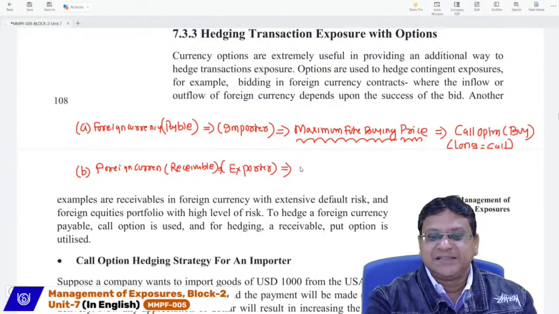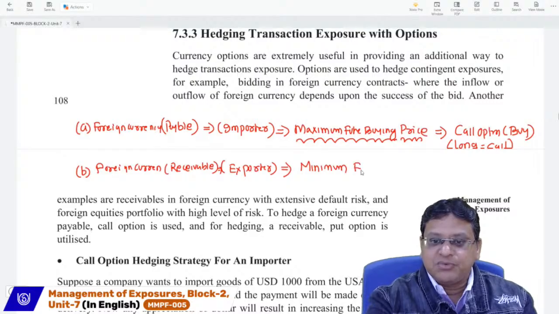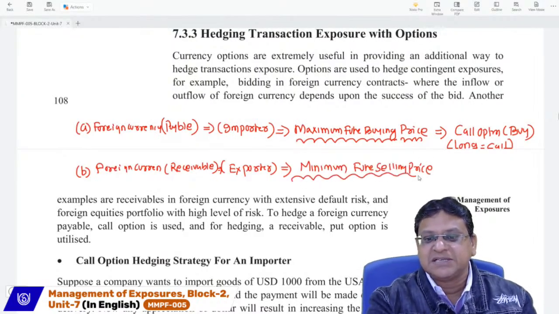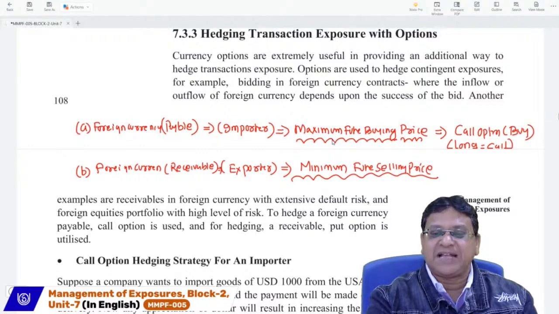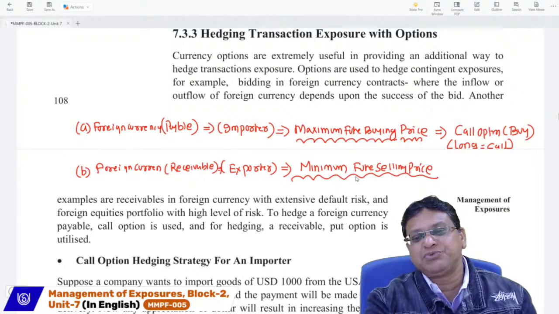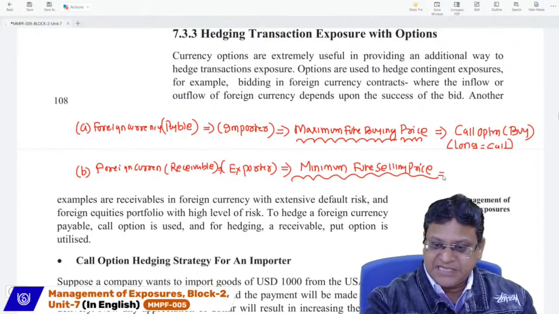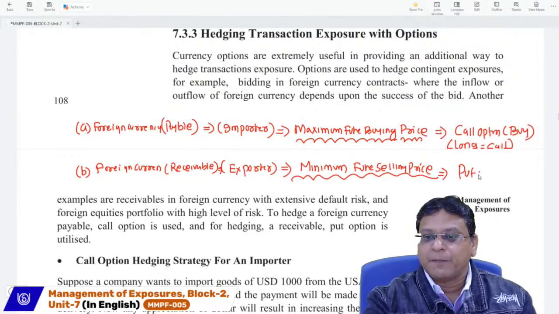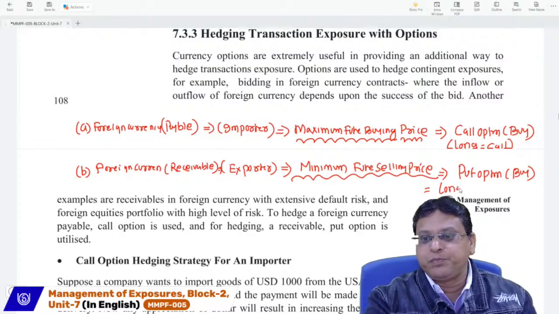So in that case, they want to fix the minimum future selling price. How can they fix the minimum future selling price? In first case, it is maximum future buying price, and in second case, it is minimum future selling price. And they can fix it by buying which option? Put option. That is buy put option, or they can adopt long put strategy.